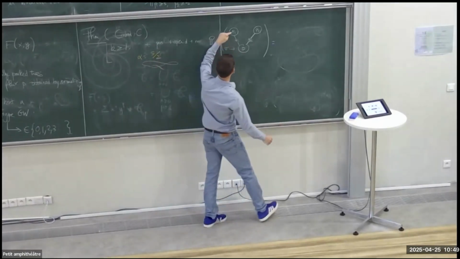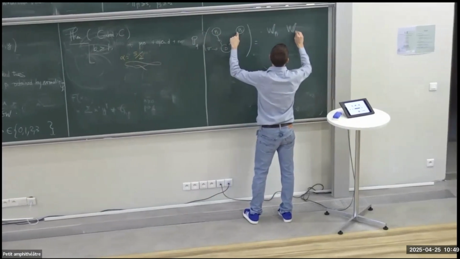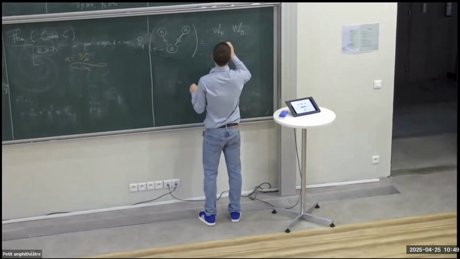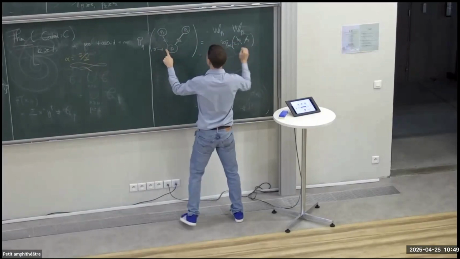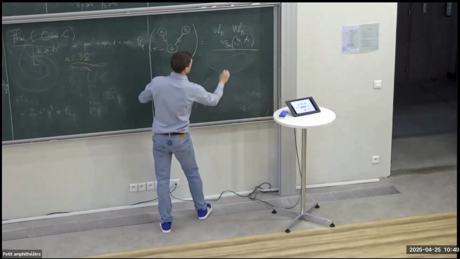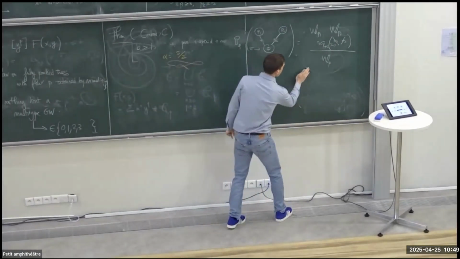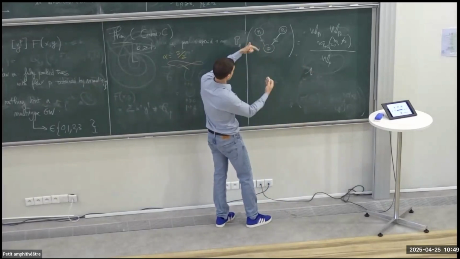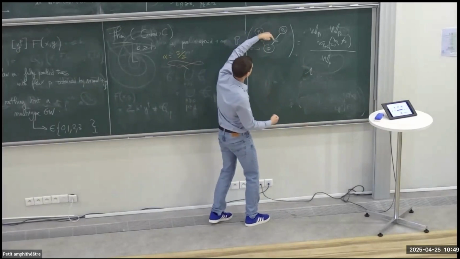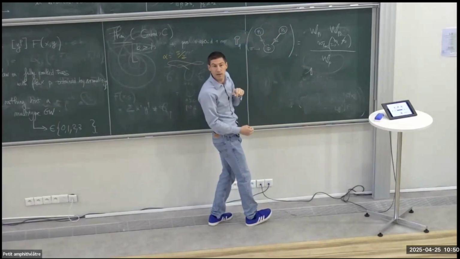If you want to have this, you put anything here which has flux P1, anything here which has flux P2, you multiply by the local weights of this pattern, S1, S2, and V incoming, and you divide by W_P because you were normalizing by the W_P. And of course, here you put all the indicators that make the thing work. That is, P1 is larger than S1, P2 is larger than S2, and P1 minus S1 plus P2 minus S2 plus V is equal to P.